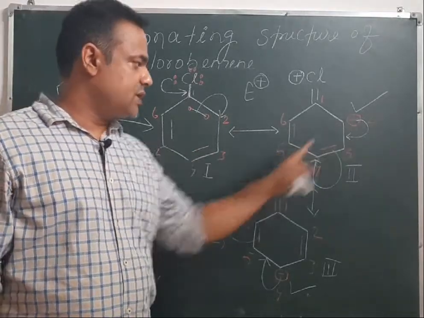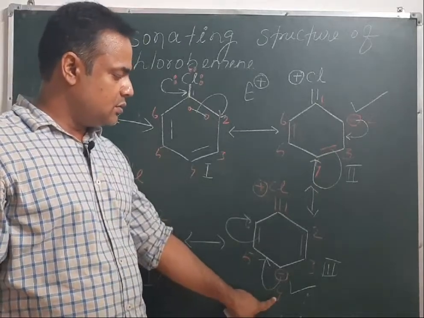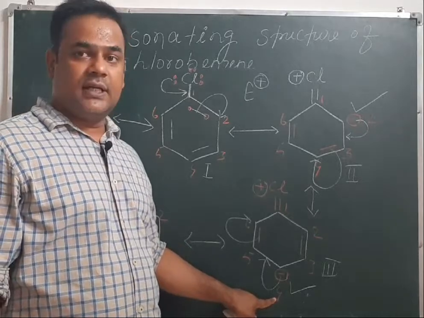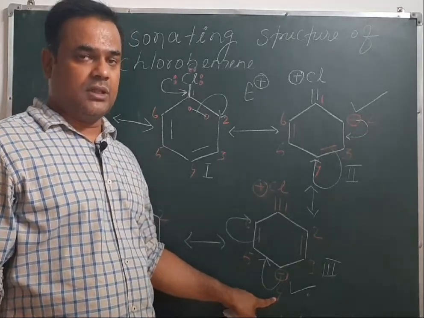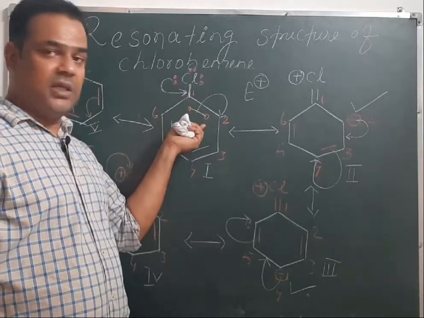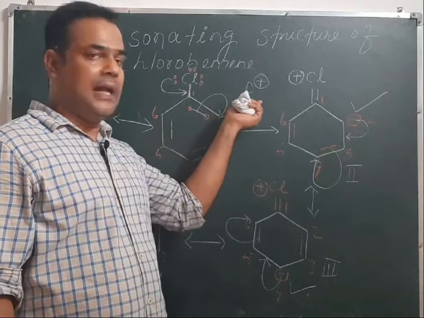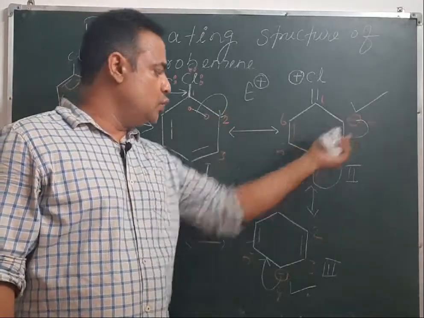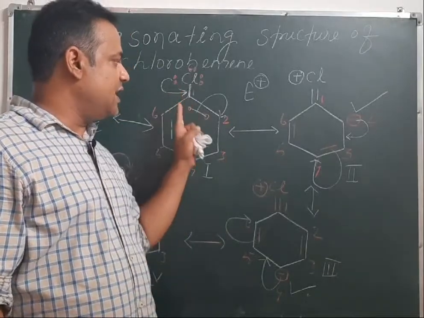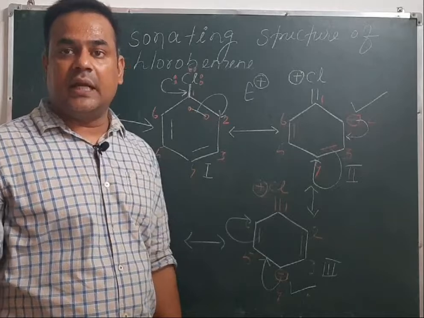So 2 and 6 are both ortho, the same position, and 4 is para position. Because of high electron density at ortho and para positions, this chlorine makes this benzene susceptible to attack by an electrophile at 2, 4 and 6 positions, and we can say that this chlorine is making this compound ortho para directing for electrophiles.